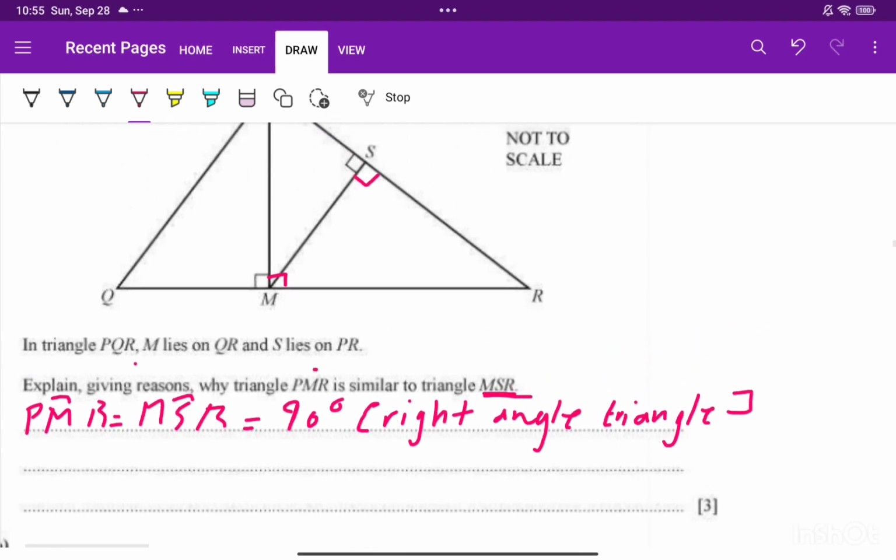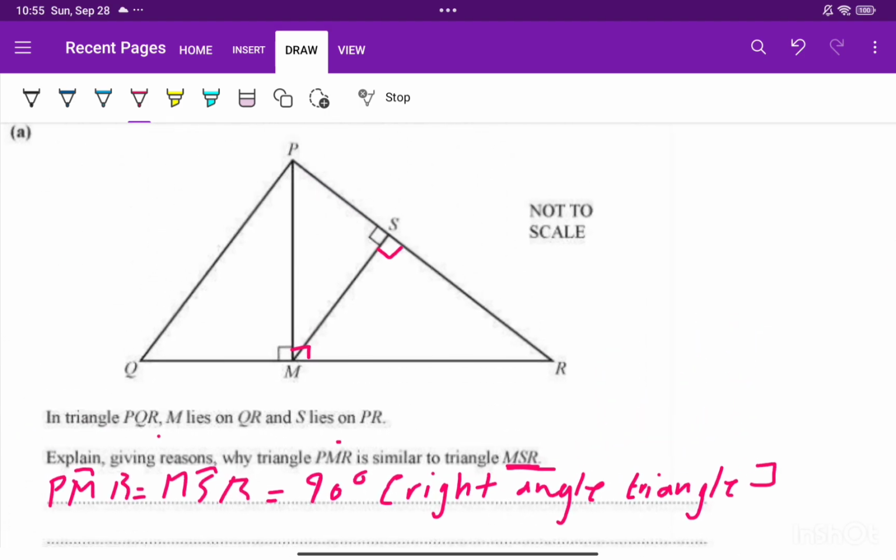Okay, then we can say that in triangles MPR and MSR, the angle at M will be the same, because this is the common angle in both the triangles.